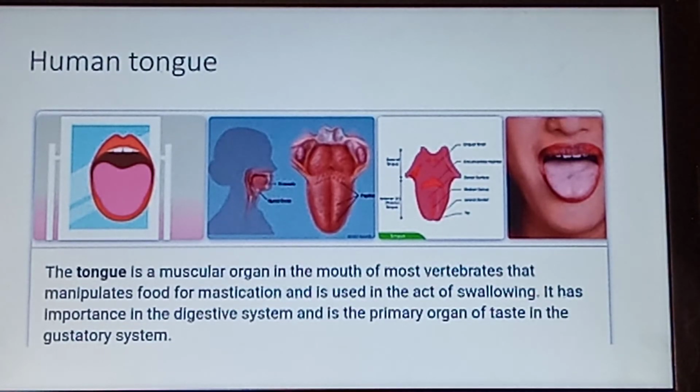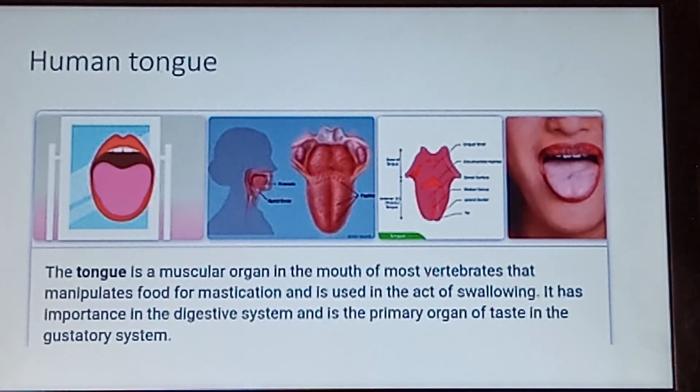Each taste bud can detect all tastes: sweet, salty, sour, and bitter. Scientists earlier thought that the taste buds that detect different kinds of tastes are located in specific areas of the tongue. However, this is not considered to be true now. The tongue also helps you to speak.